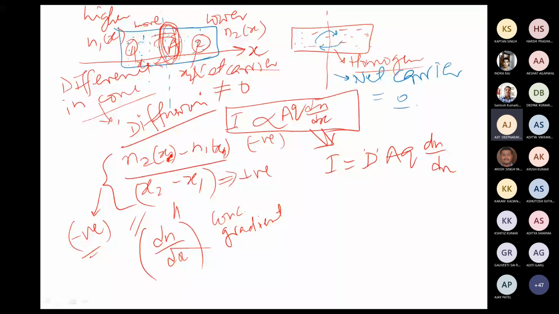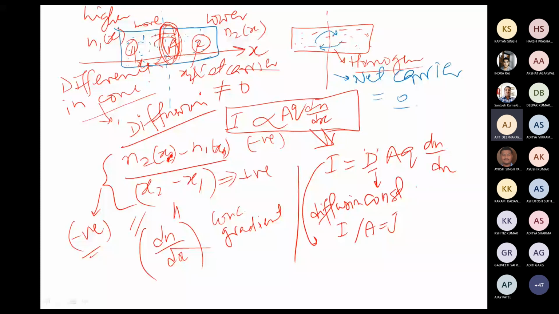This constant D is called the diffusion constant. From here we can write I upon A, which is nothing but the current density, equal to D q dn by dx.